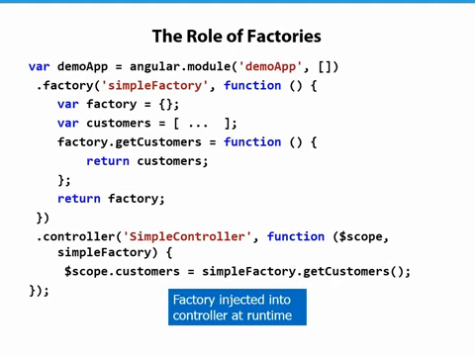This provides dependency injection, and it provides a way that I now have a centralized place to go get customer data, order data, whatever it may be. And in a real life app, you certainly may have several different factories in the application itself. So let's jump into a demo, and I'm going to convert the customers we had in our controller before and move those out into just a really simple factory to help get you started.